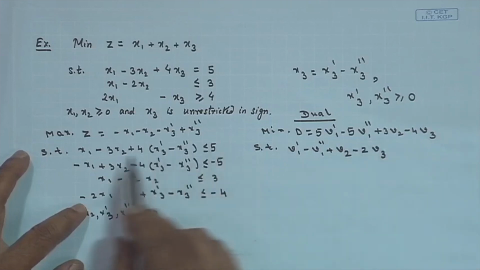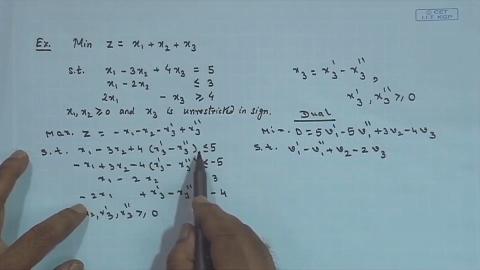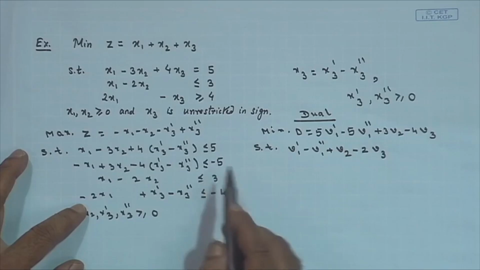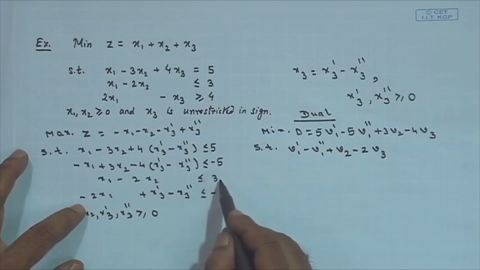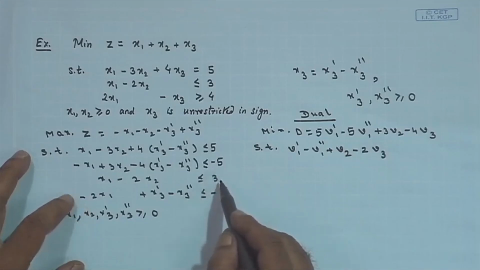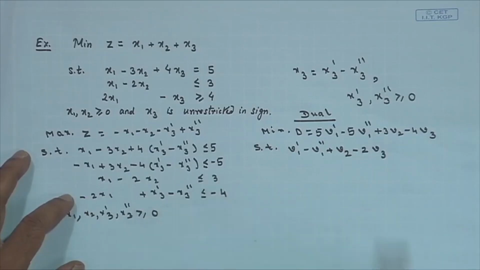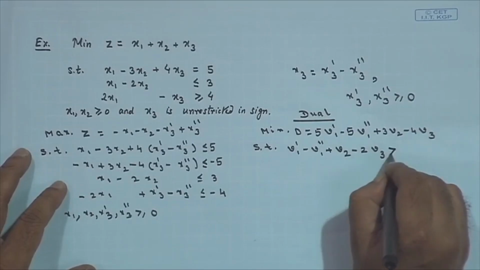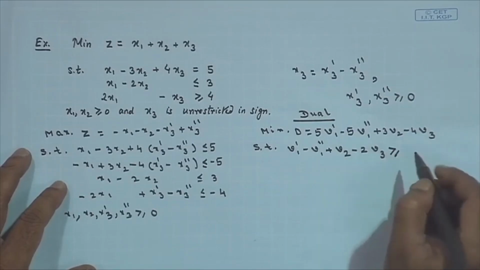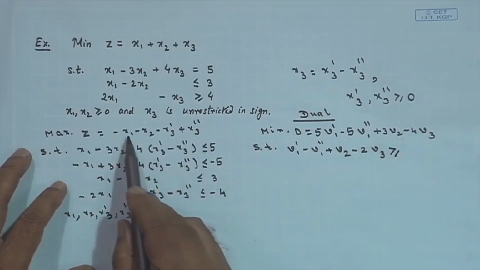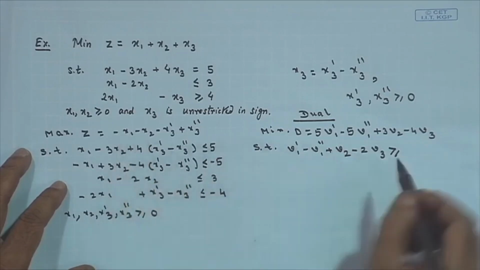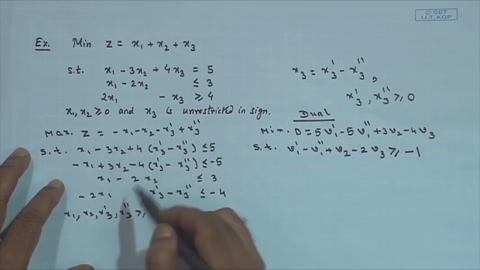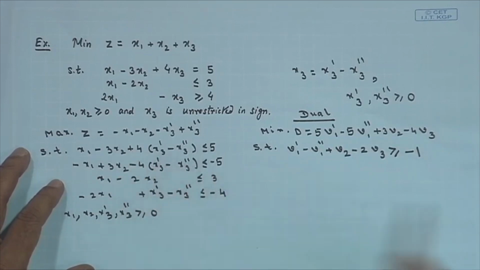So basically the first constraint corresponds to variable v1 dash, the second to v1 double dash, the third to v2 and the fourth to v3. So this is greater than or equal to minus 1, the x1 coefficient in the objective function. Similarly, we have to do it for x2, x3 and others.